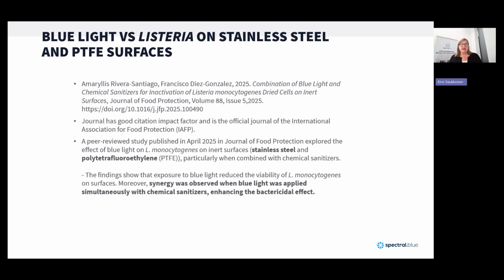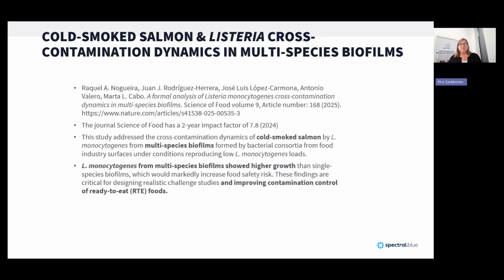And we have to clean the surfaces before the disinfection. And that is very good news, that blue light enhances the bactericidal effect of these disinfectants. So that's an interesting article, for example.